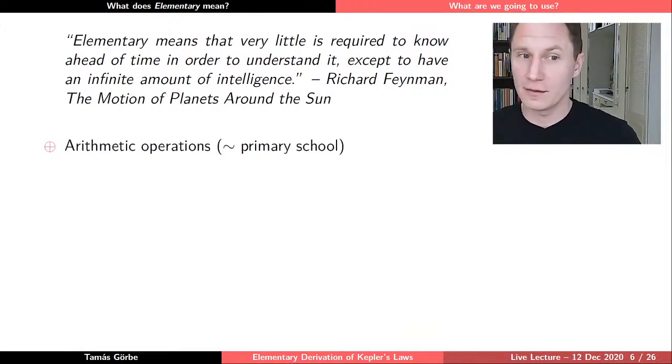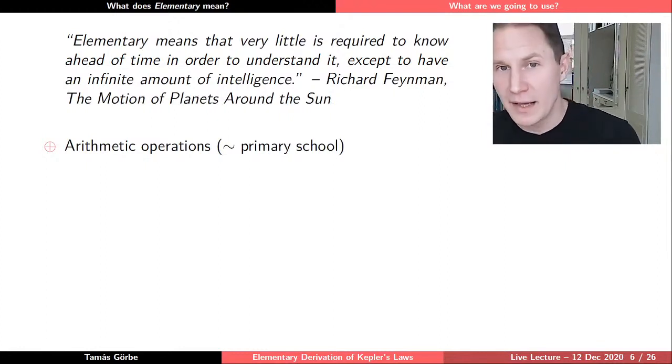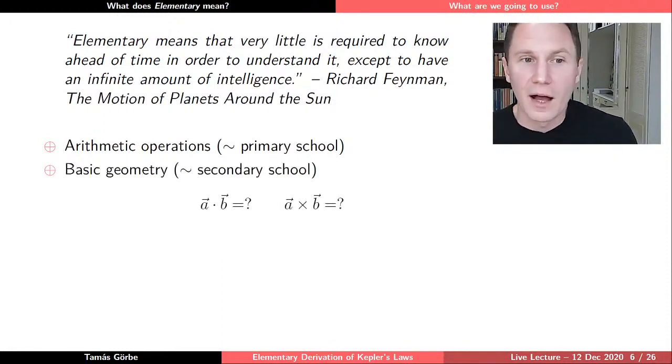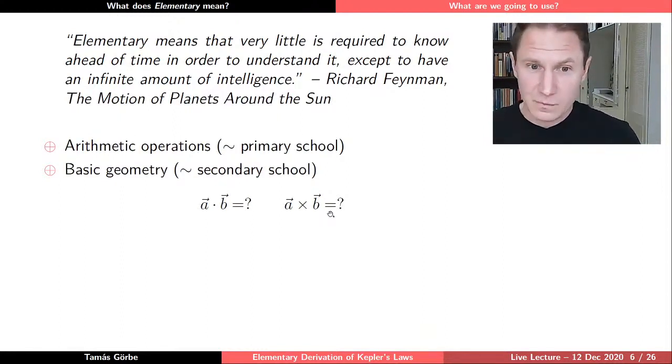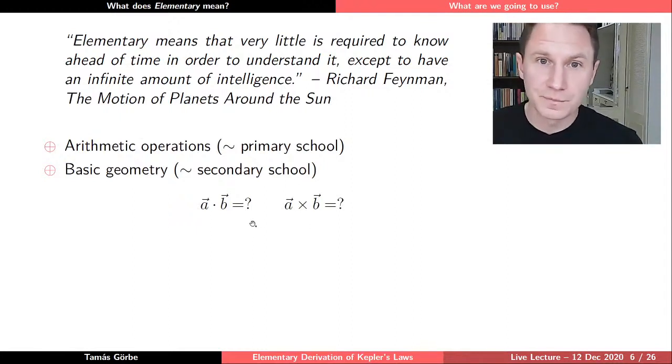I will be using arithmetic operations, addition, multiplication, division, all the stuff that people learn in primary school. Then I will be using basic geometry, which is secondary school stuff, to do with scalar products and vector products of vectors.